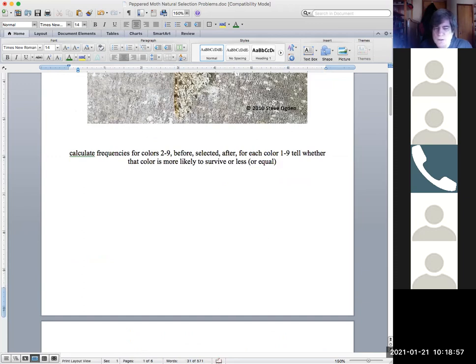Now, I'd like you to do one other problem as well. On the first worksheet, I want you to work the deer, and that's the next diagram on the Hardy-Weinberg problem.